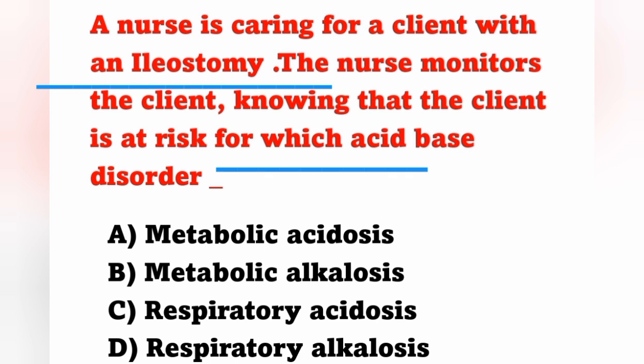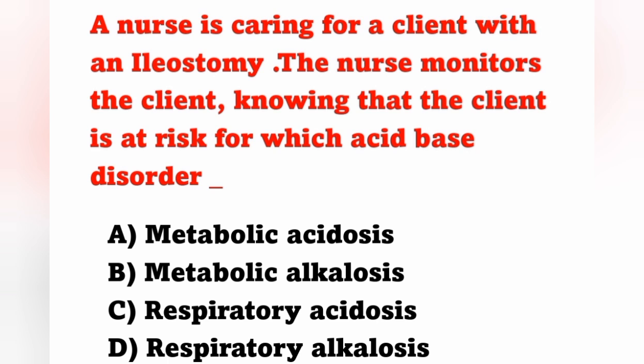Here the question is related to ileostomy. A nurse is caring for a client with an ileostomy, and the nurse monitors which acid-base imbalance can occur. As we know, intestinal secretions are high in bicarbonate, a base.